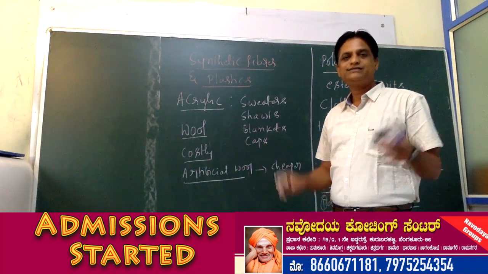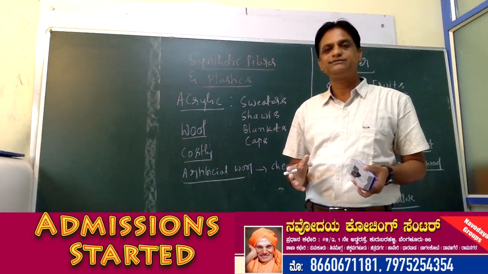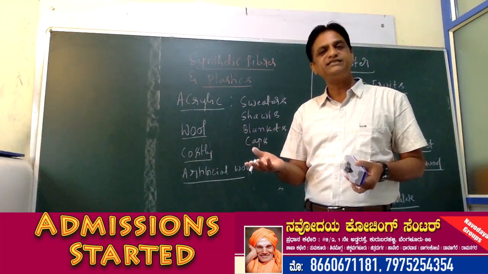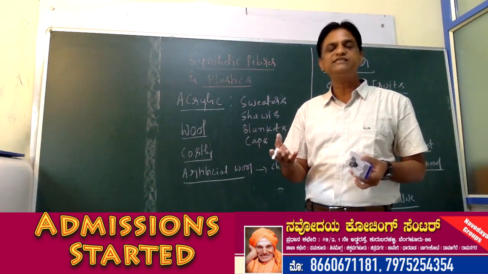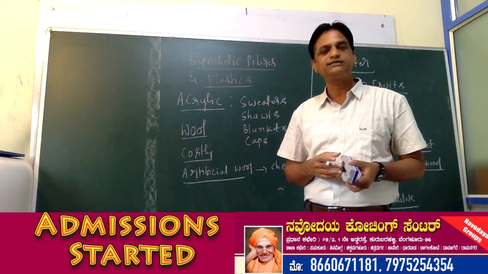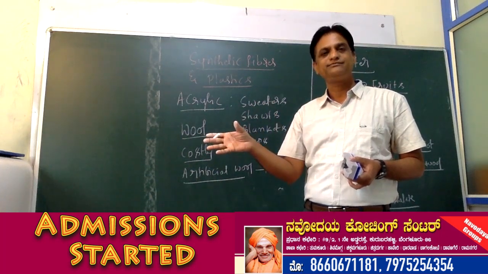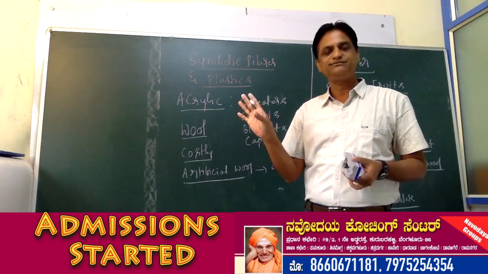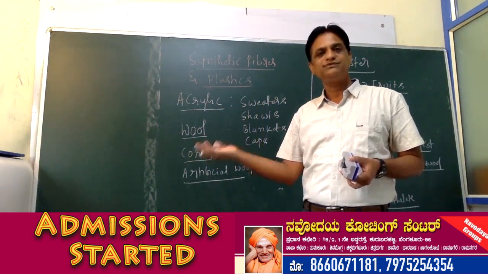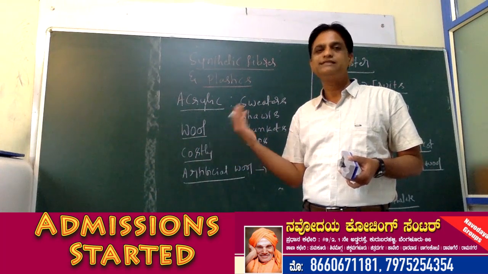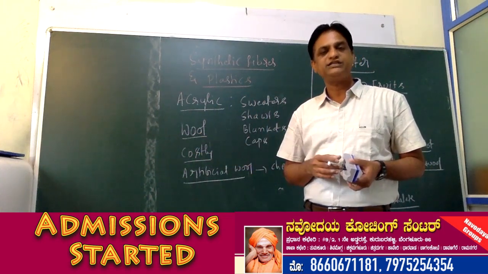Okay, see, now we have discussed that synthetic fibers are more advantageous than natural fibers. So what are the advantages of synthetic fibers over natural fibers? Synthetic fibers can be prepared easily as and when required. They can be prepared in any amount. So the required amount of synthetic fibers can be prepared through chemical reactions.